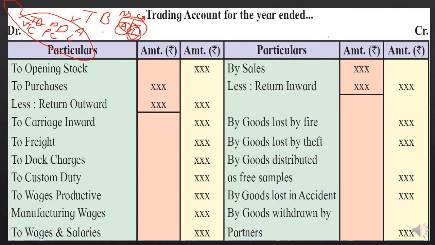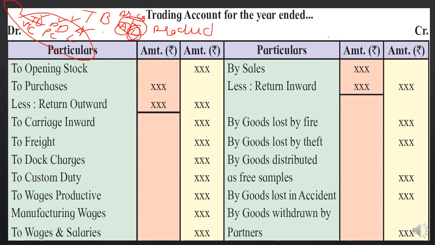So how will you decide, student, whether I should post this item into trading, or into profit and loss, or into the balance sheet? Let me clear this for you. The trading account is related to the production process.